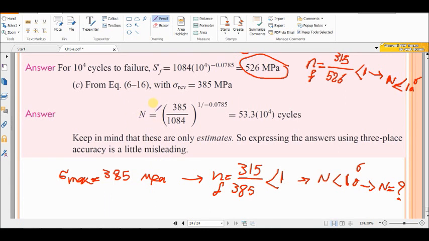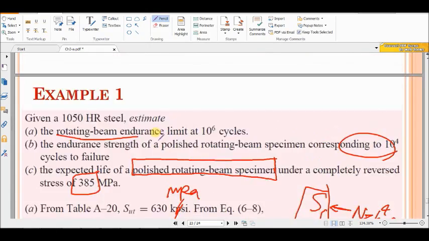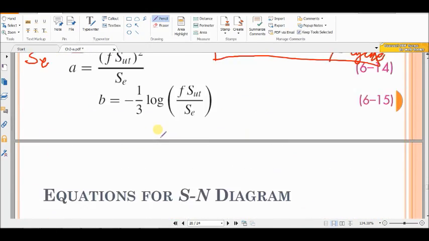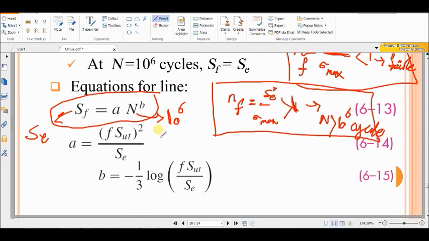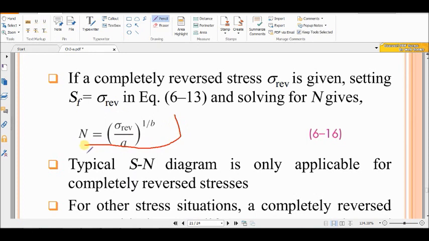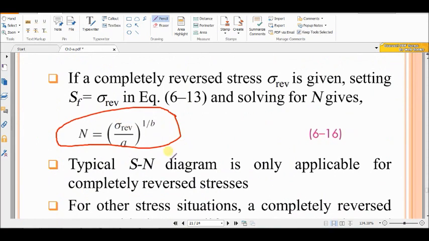So if you solve this equation for n, where is the equation that we have here? It's exactly this, but we write it this way, or we solve it for n.